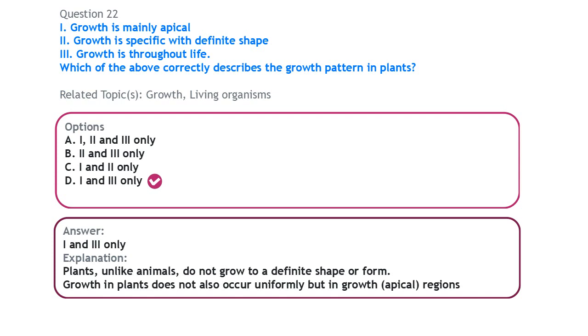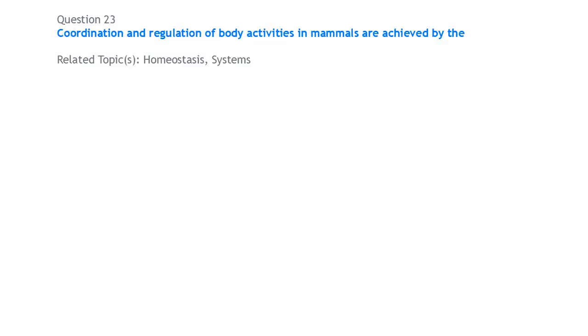Also, growth is throughout life. However, growth in plants is without a definite shape. It does not have a definite shape. Growth in plants does not occur uniformly as it occurs in animals. So we have I and III as the only correct statements from what we've been given.